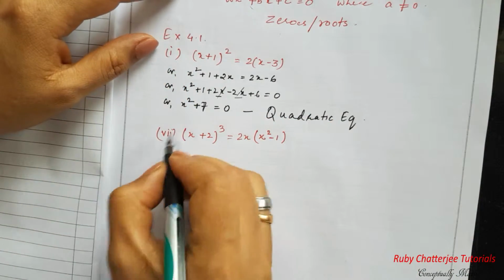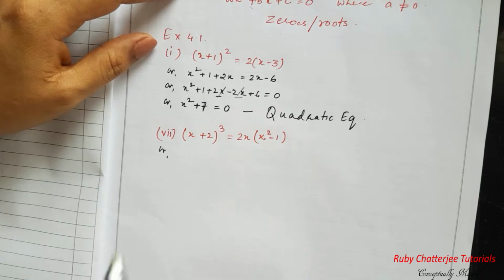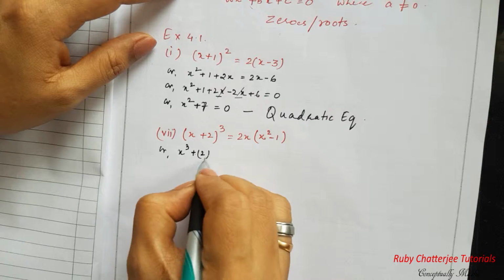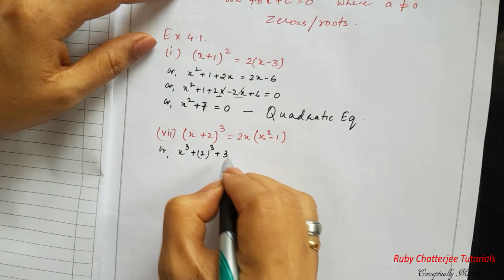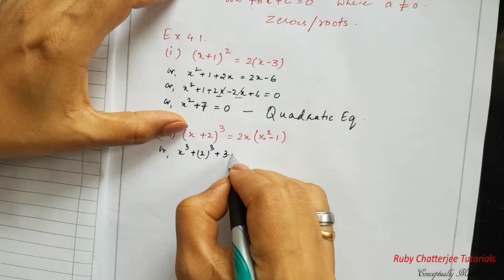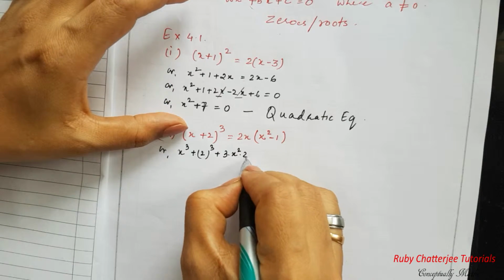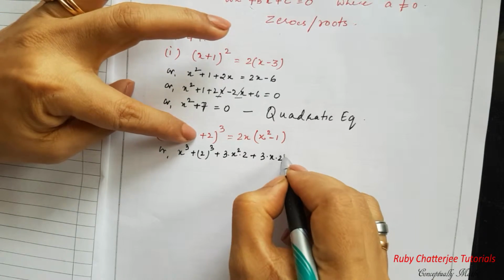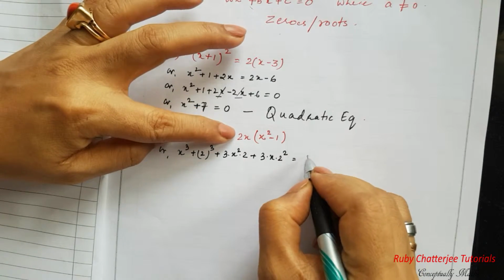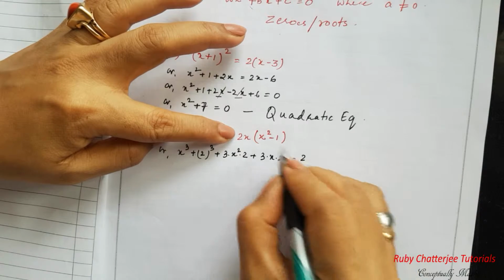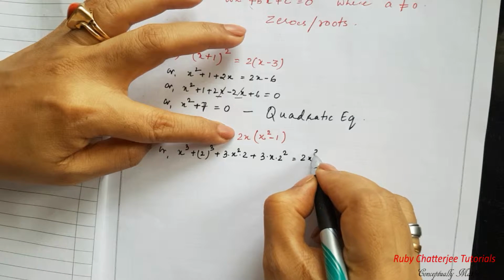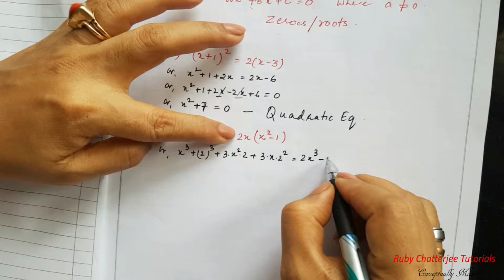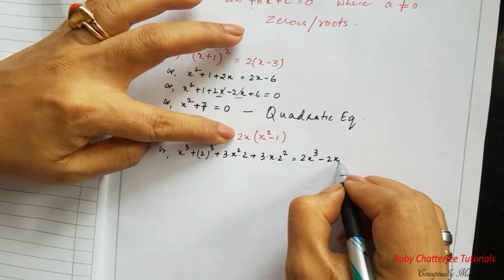and simplify it. So (a plus b) whole cube is a cube plus b cube plus 3 into a square b plus 3 into a b square, equal to 2x cube minus, if I multiply, this will be minus 2x.